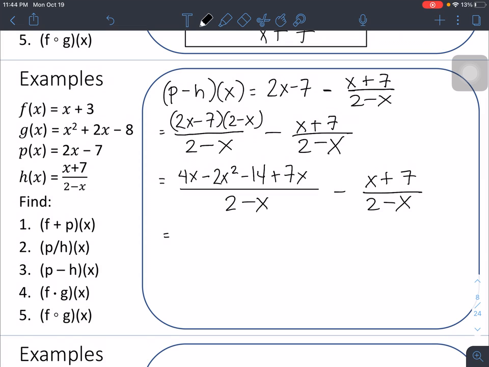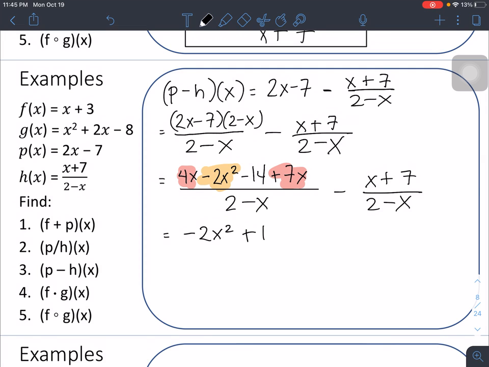So let us combine similar terms and arrange them in decreasing order. The first one will be the x raised to 2. This is the only x raised to 2, so I would like to write this one as negative 2x squared in the numerator, followed by the x raised to 1. So this will be 4x plus 7x will be 11x, minus x will be 10x.